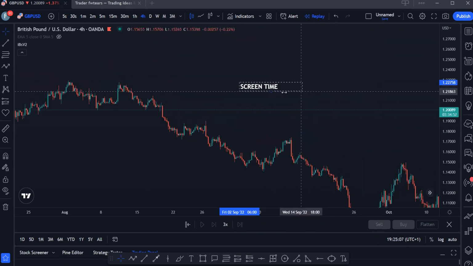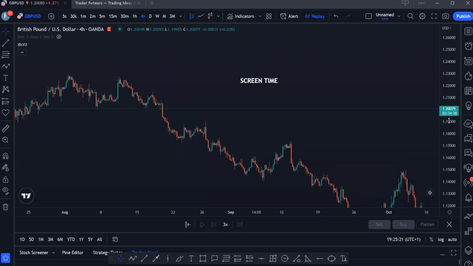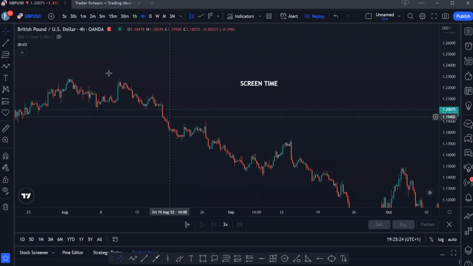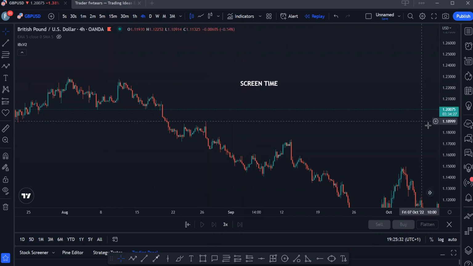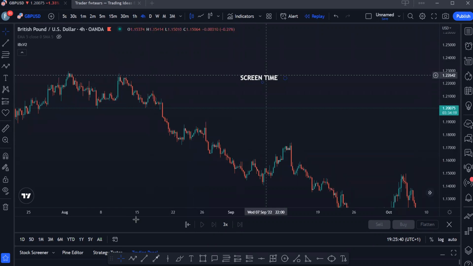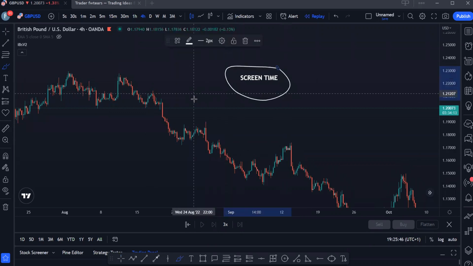You have to spend time on the chart, because if you don't, you never understand what's going on. No matter how well I try and talk slowly to make you understand, there are some things that I cannot explain to you that you will only understand when you spend time on the chart. I wish I could explain in such a way that you would understand everything easily, but some things will occur to you. It will make sense to you once you start doing this screen time. Spend time on the screen, on your chart.